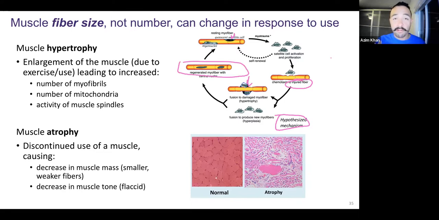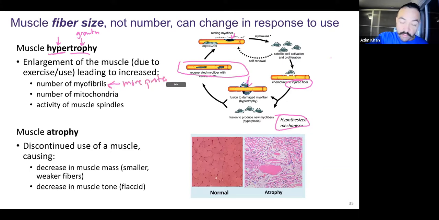The term for muscle growth is called hypertrophy. Hyper means elevated, troph refers to growth. Hypertrophy. So muscle fibers will increase in size. When they increase in size, you're getting water content, so the sarcoplasm is getting bigger, but you're also getting more myofibrils, more protein.